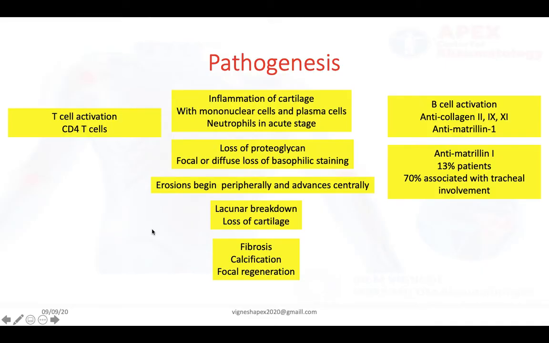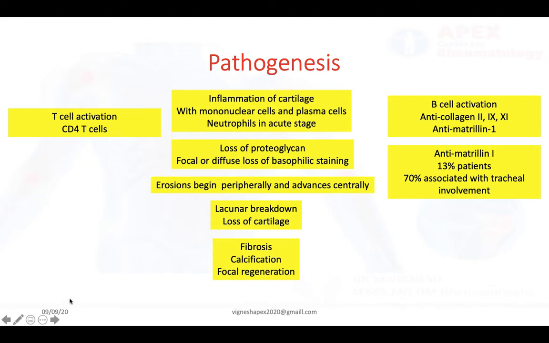Okay, right. So while looking into the pathogenesis of relapsing polychondritis, there is some unknown trigger. We do not know exactly the trigger for this disease because the majority of the time it is primary or secondary to a connective tissue disease, so we don't have enough studies about the pathogenesis of these individual diseases.